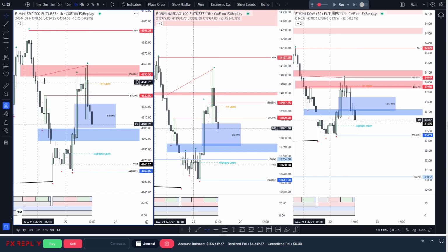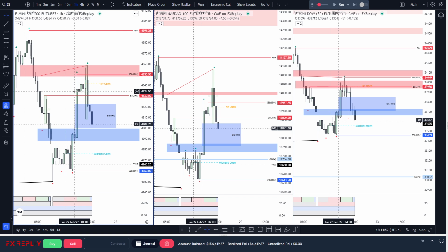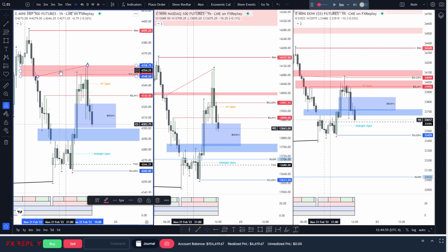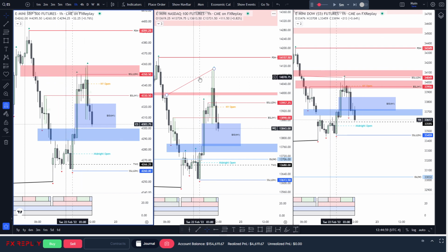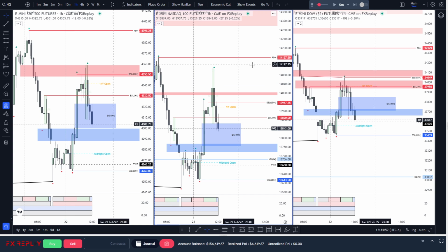I mean, yeah, did I not spot this one? No, I didn't spot it. Is it a viable setup for me? Yes, it is. Well, I say yes, it is. No, it's not. This isn't a setup for me. So let me remove this. Yes, it looks nice and it looks pretty, but that's not a setup.